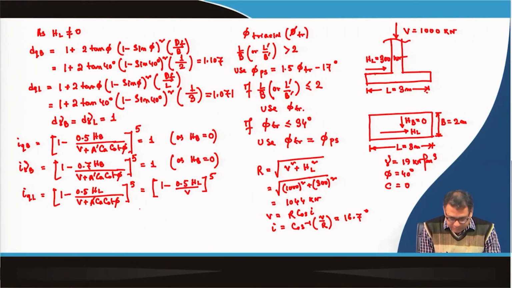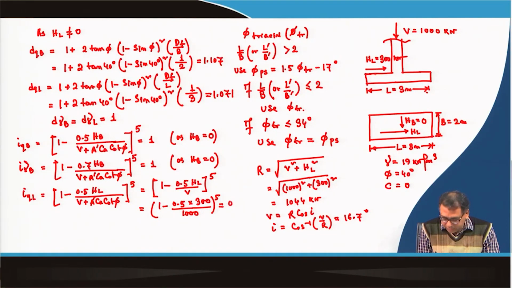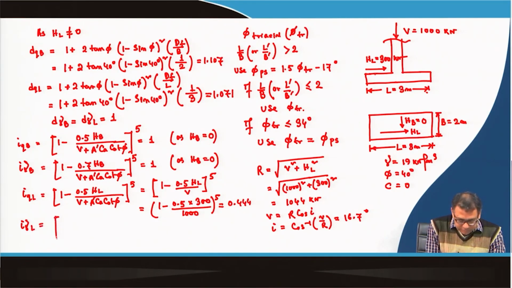So, this is equal to 1 minus 0.5 times HL equal to 300 and V equal to 1000, to the power 5, that is equal to 0.444.